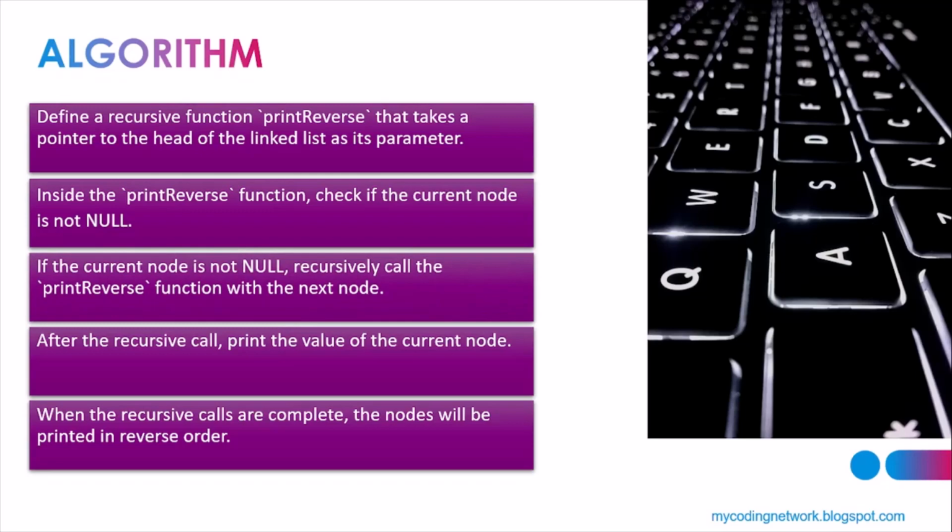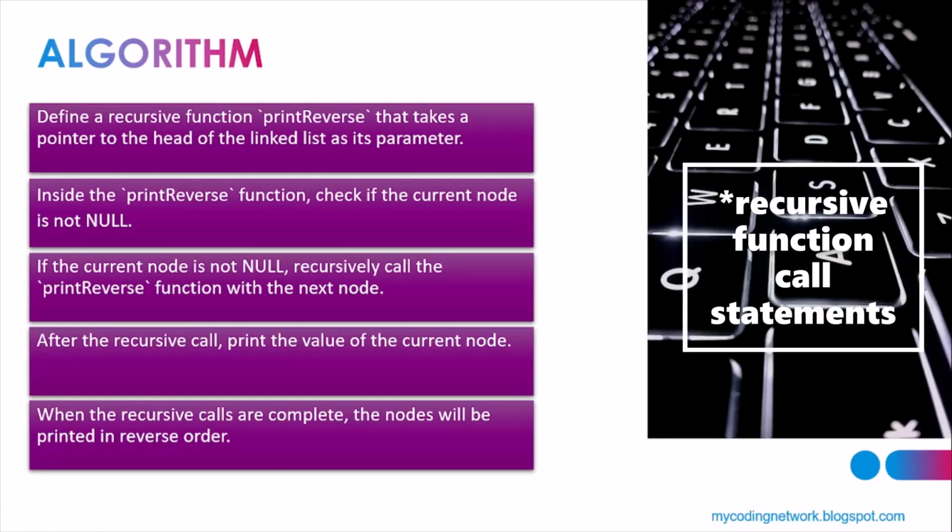Now let's move on to the third point, which tells us that if the base case is not true, it means if the current node is not null, then following that base case, there would be a recursive function call. And inside that recursive call, there would be an argument which would point to the next node.